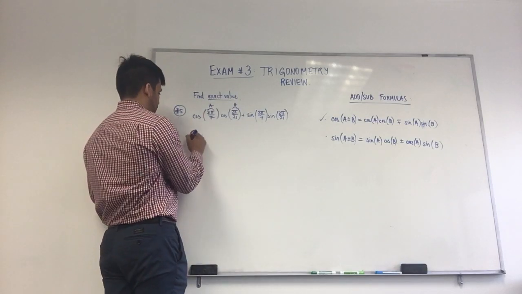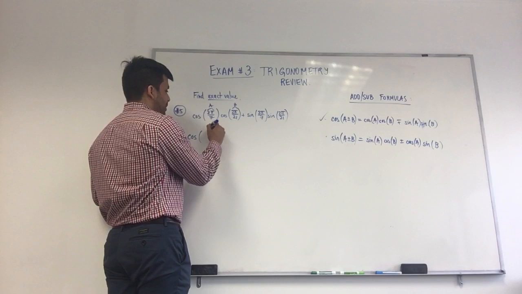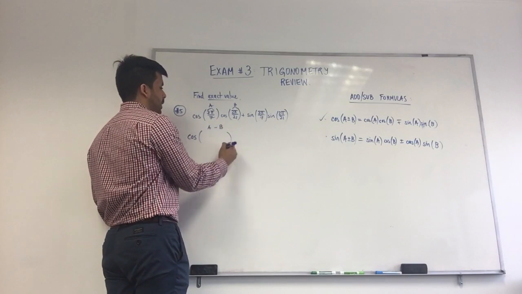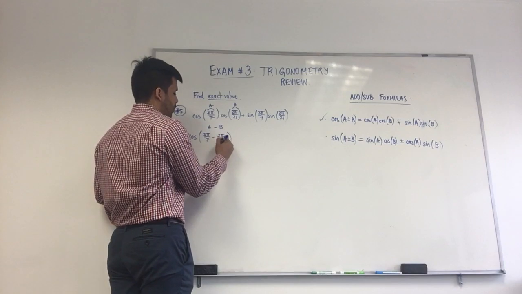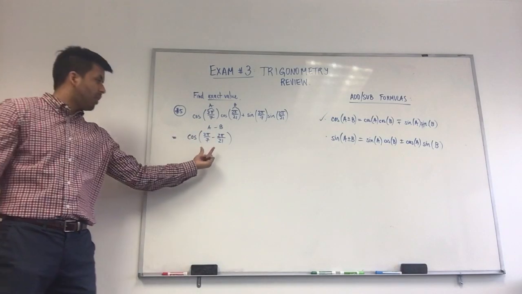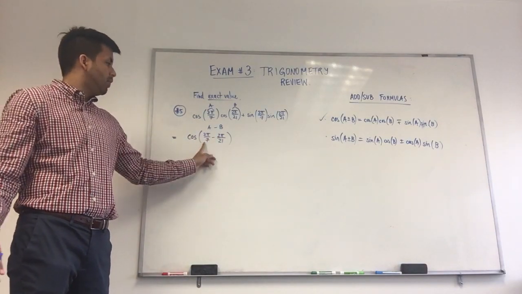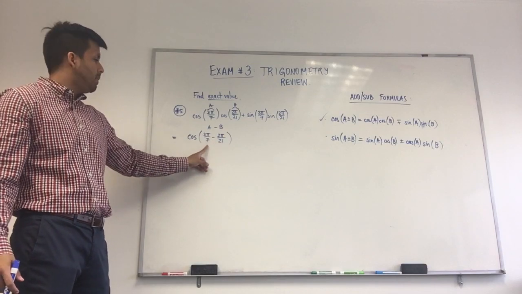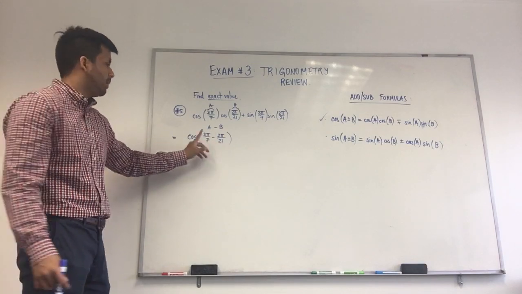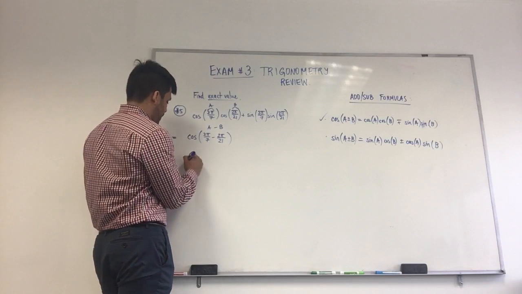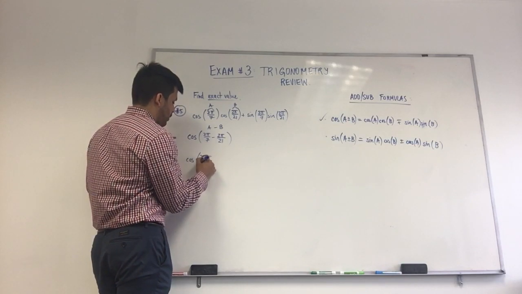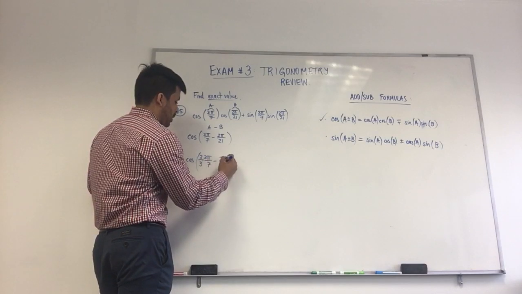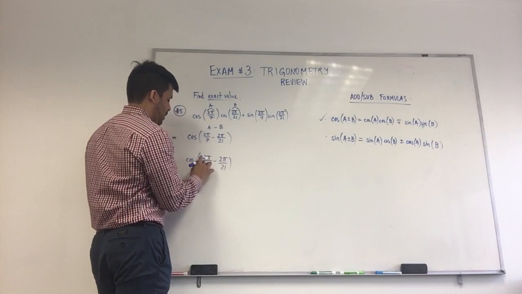So then, this is going to be cosine of A minus B by the formula, which is 3 pi over 7 minus 2 pi over 21. Now I need to subtract two fractions again. How do you subtract two fractions inside here? Same denominator, 7 and 21. I need to make this into a 21. So I multiply the 3 pi over 7 by 3 over 3.